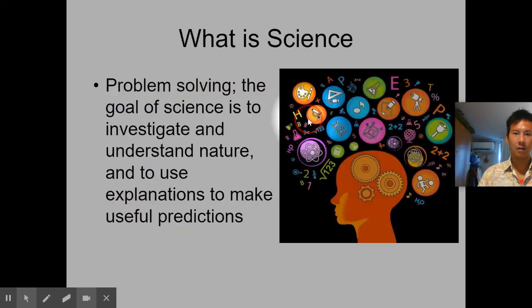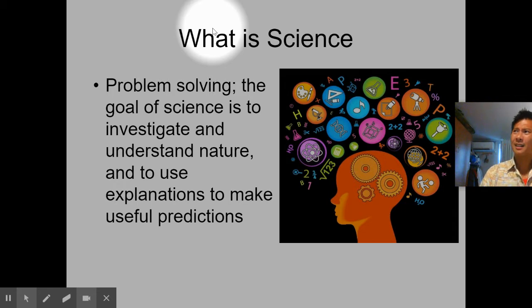Moving on. Getting back to what is science? My interpretation is it's basically problem solving. That's the whole point of science. It's a process of solving problems over and over again.